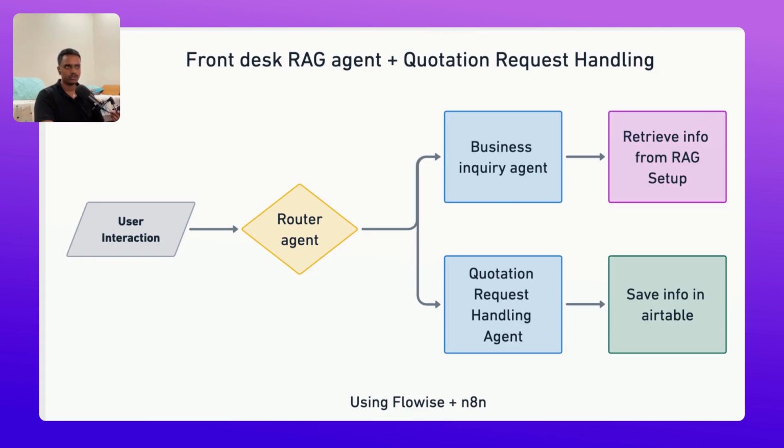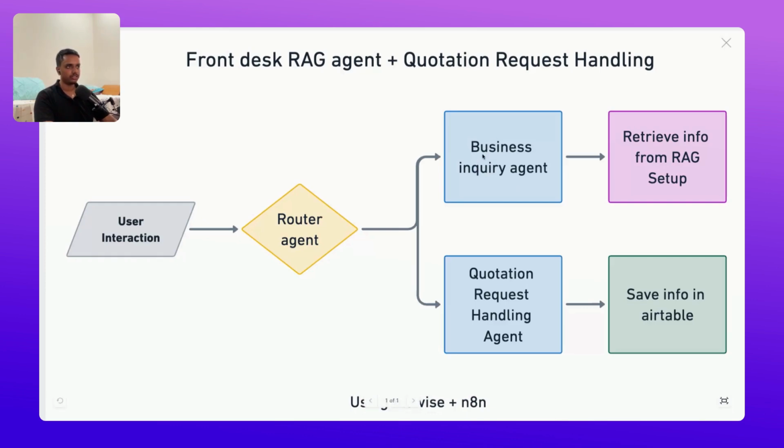In this video, we'll be building a front desk RAG agent, which specializes in quotation request handling. This is basically a chatbot which sits on the home page of any website. It handles user questions, and it specializes in two particular things. The first one is the ability to handle business inquiries.